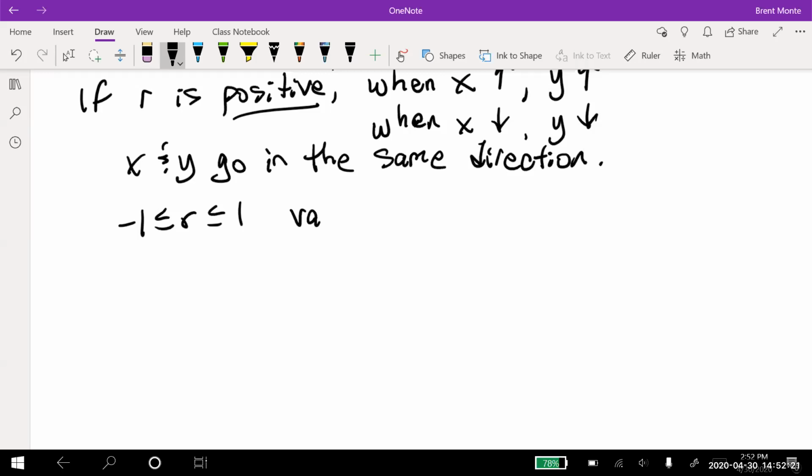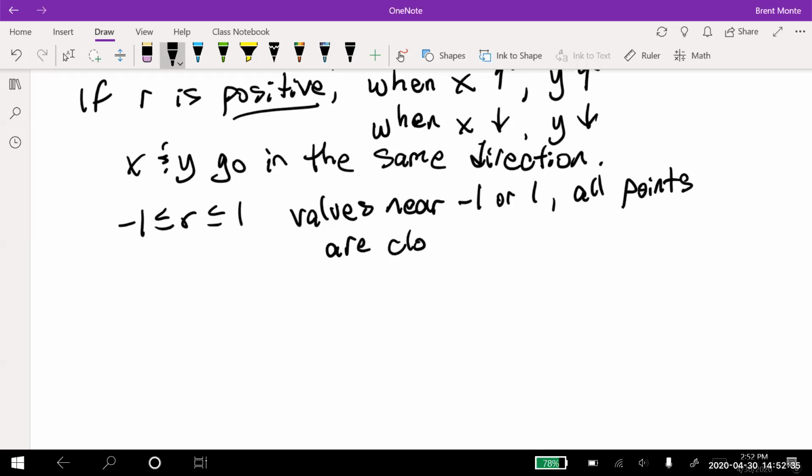So values near -1 or +1, all points are close to the line. And by the line, we're talking about the regression line, the regression equation once we graph it. And in fact, let's call that the regression line.